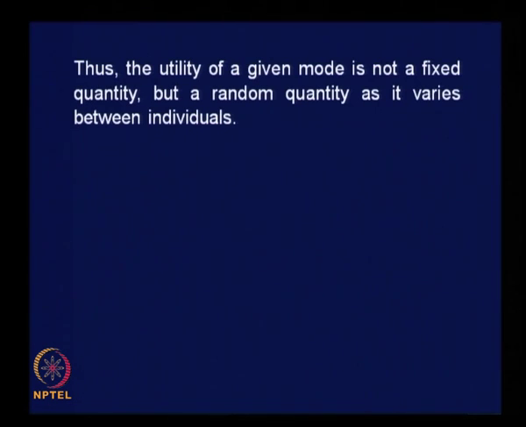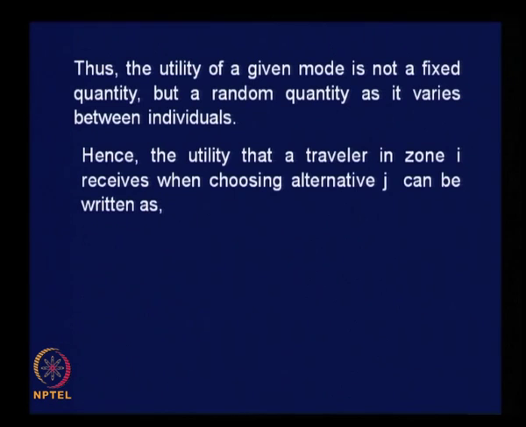So we bring the theory of randomness into the mode choice process. Hence, the utility that a traveler in zone I receives when choosing alternative J can be written as follows, where the traveler lives in zone I and is choosing alternative mode J.